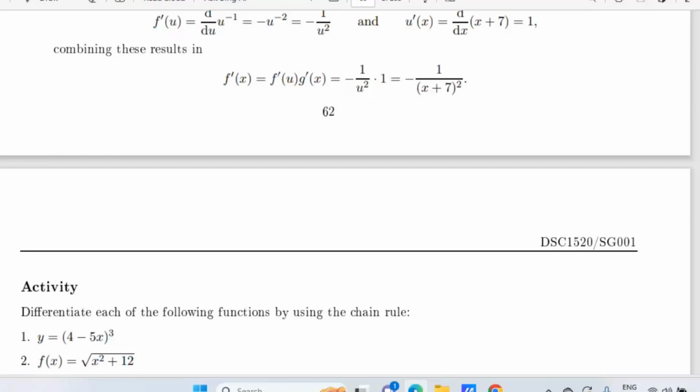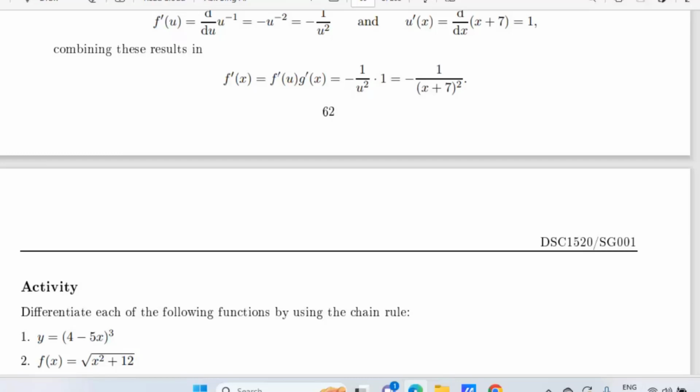Then we start differentiating that and say, bring down the half, and then it's going to be u to the power half minus 1, right? So it's going to be half multiplied by u to the power negative half, because half minus 1 is negative half.